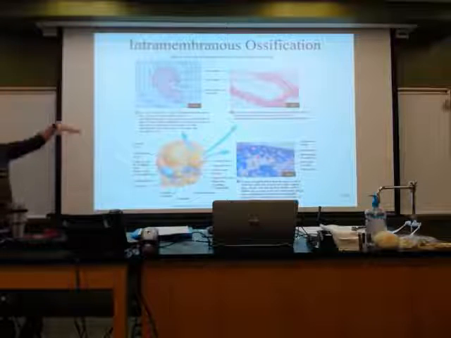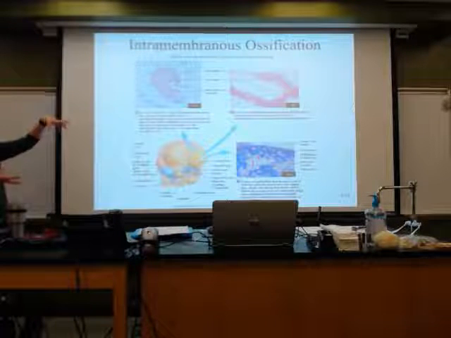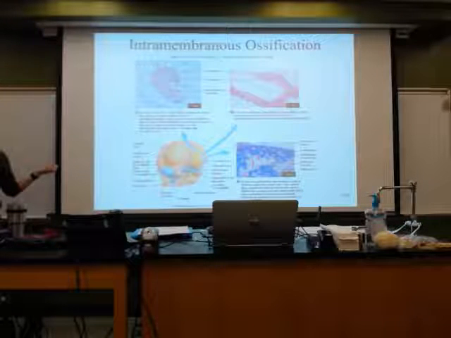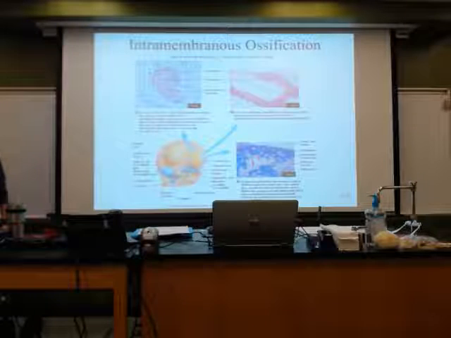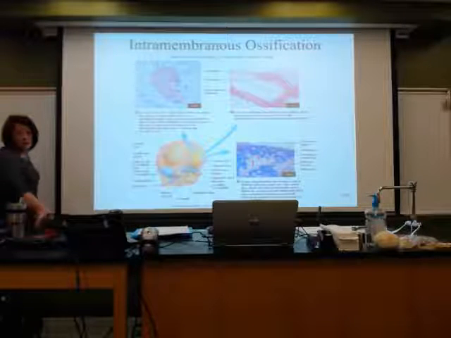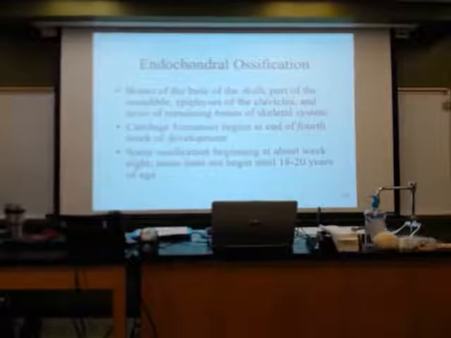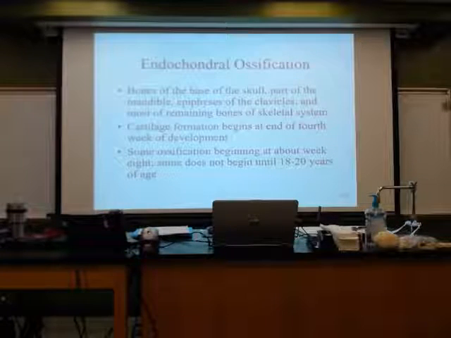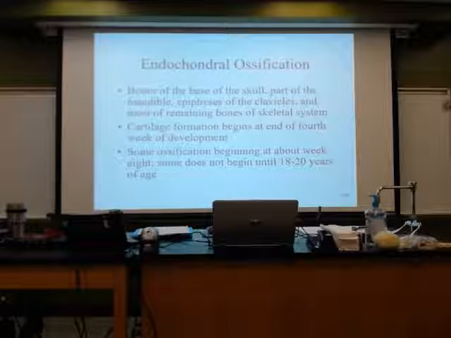So this would be our intramembranous. Biggest area where it's so important, of course, is in the skull. The rest of everything else, endochondral. Pretty much most of what the remaining skeleton is going to need to become the adult skeleton.